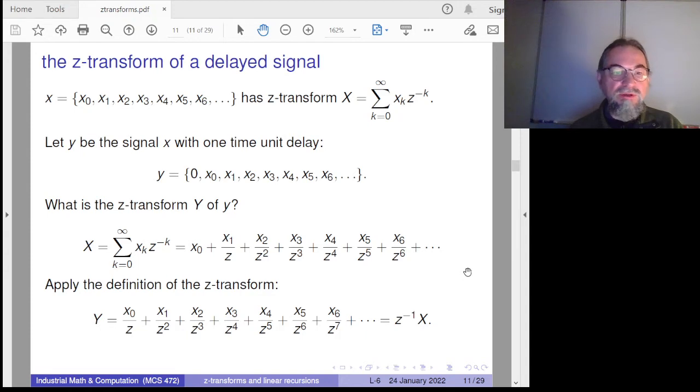So the y1 here is now the x0, so the x0 is over z. Then the y2 is the x1. So you can see that we can write the z transform.